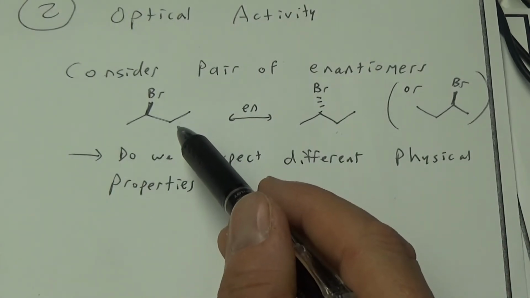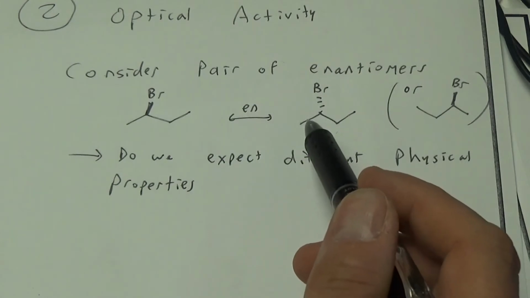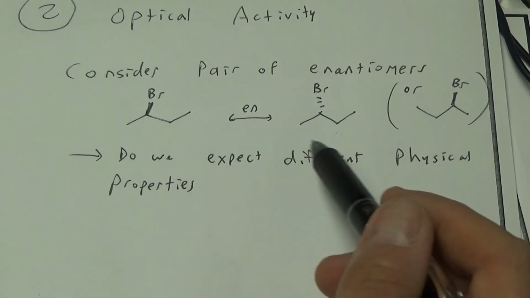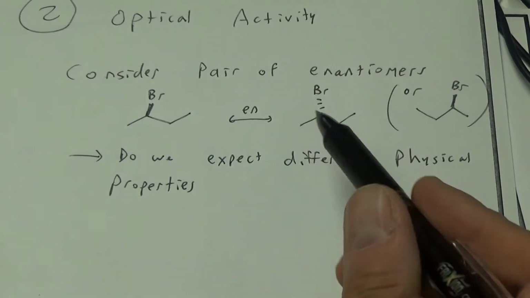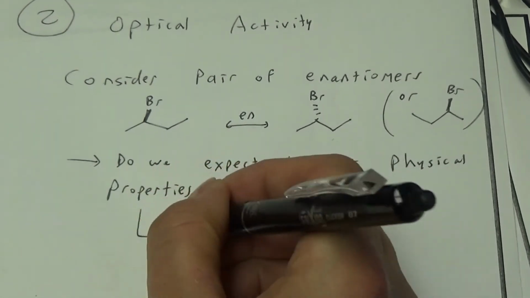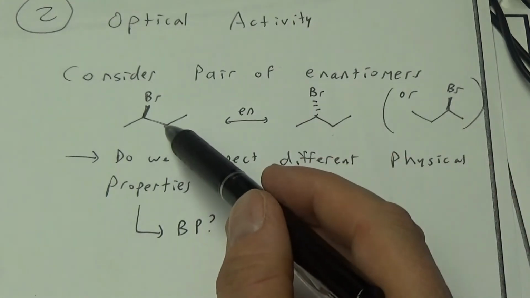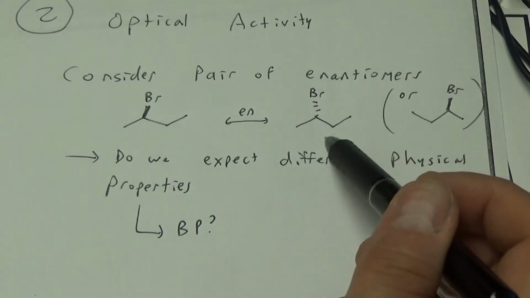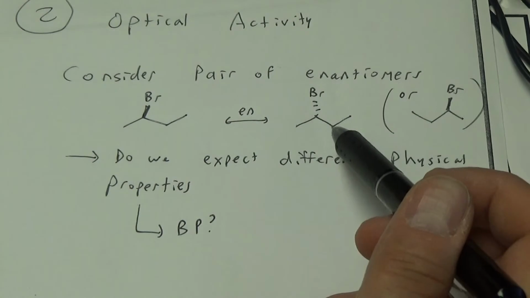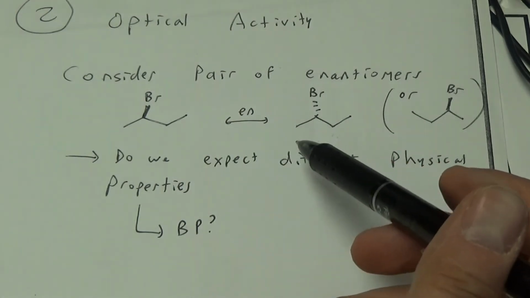Like if I take this and this and do some measurements, what's the difference? For example, is there any difference in boiling point? If I boil them, will one boil higher or lower? Probably not. How would this structure affect boiling point? It's not going to.